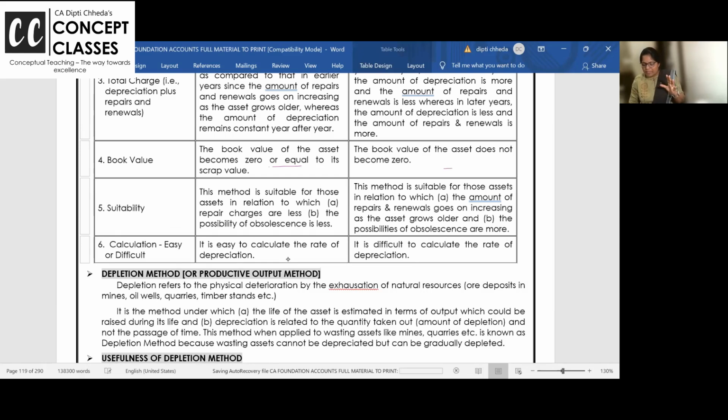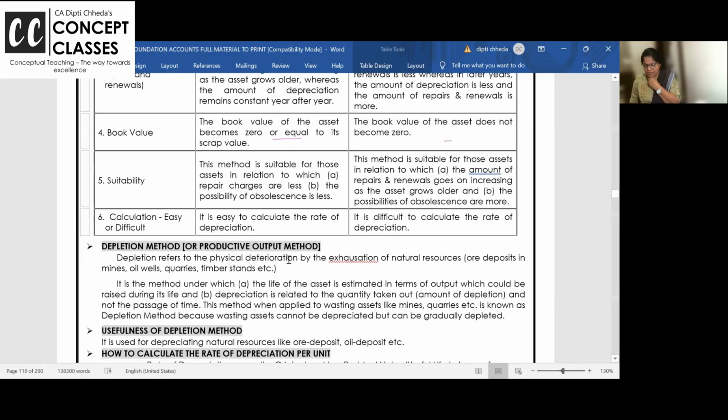Here book value will not become 0. This method is suitable for assets in which repairs are less. But SLM is practically not much followed because you need the scrap value after 8 years and the life of the asset; all this is estimated. So, not suitable. It is difficult to calculate the rate of depreciation here. We have seen the formula they have given, but they are not going to ask you that.